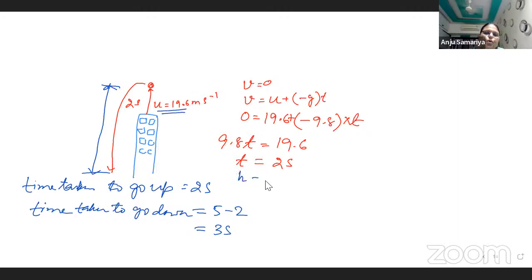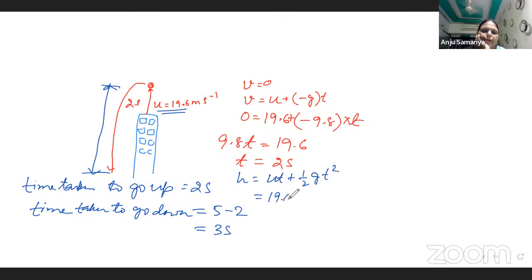So height to which it goes up, h is equal to ut plus half gt square. Or we can use v square is equal to u square plus 2gh. Both are difficult. Okay, I will use h is equal to ut plus half gt square.